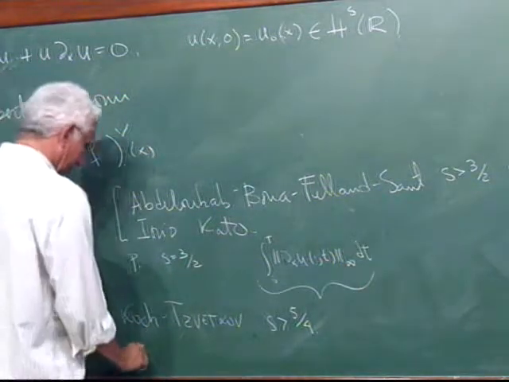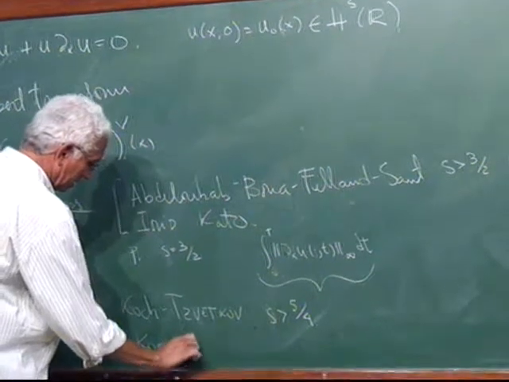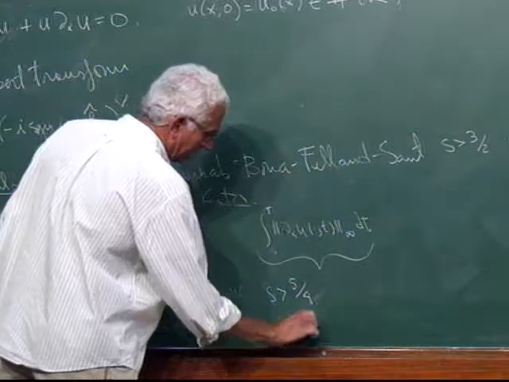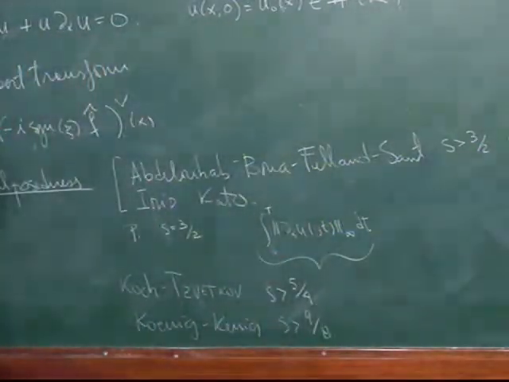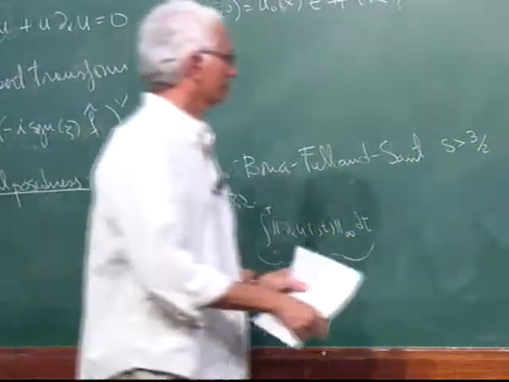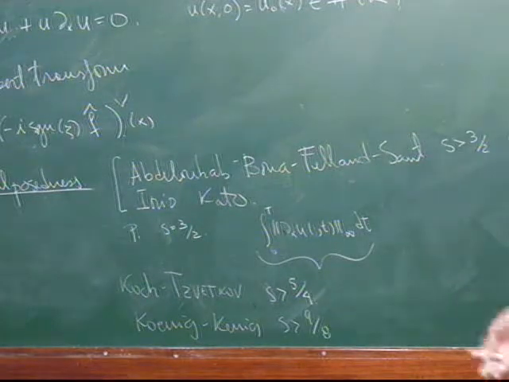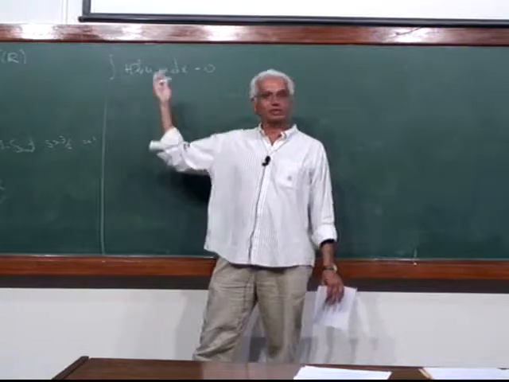Then Kenig and Koenig proved that s > 9/8 was okay. You need to do something like this. Of course, the sequence has to be decreasing because you cannot go and prove something weaker.